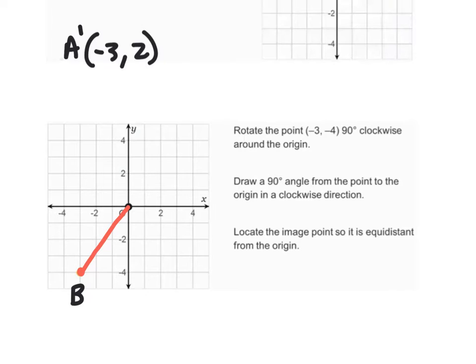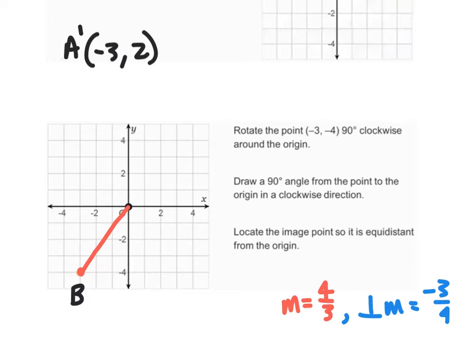And I want to think of that slope. That slope is going to be a positive up 4 over 3, so +4/3. If I'm trying to find my perpendicular slope, I want to do -3/4. Flip my fraction, change the sign.